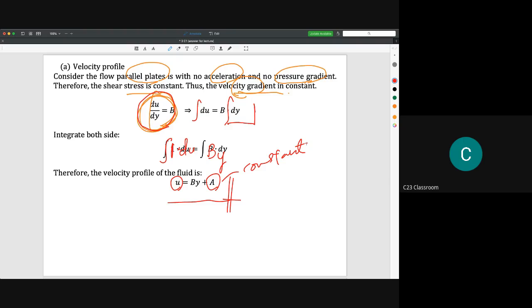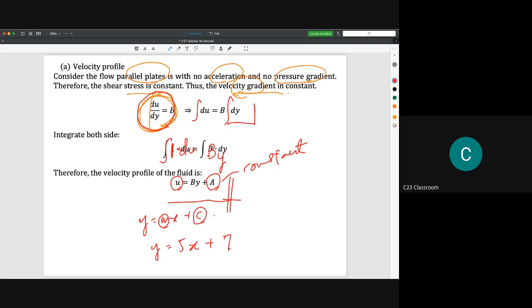Normally in an equation, we have y equals mx plus c. We need to determine the unknown terms, which are m and c, so that the final equation is, for example, y equals 5x plus 7.